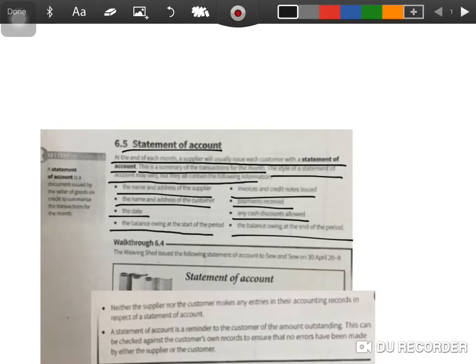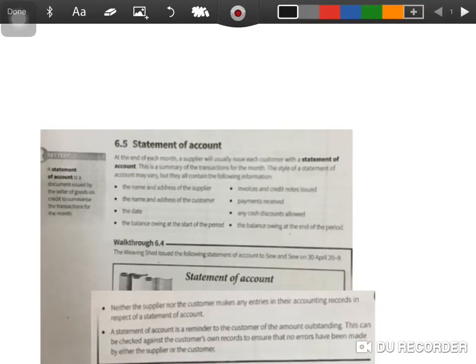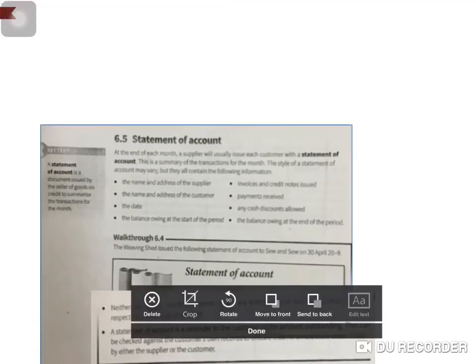These are the details that a statement of account has. A statement of account is a document issued by the seller of goods on credit, which is the supplier, to summarize the transactions for the month. So it is basically a summary of the whole month, right?